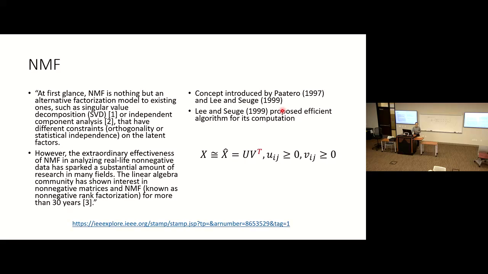And also image processing, so the machine learning field realized that there are many applications in non-negative matrix factorization. So that's why it was developed later, and there are more realistic applications in real life.